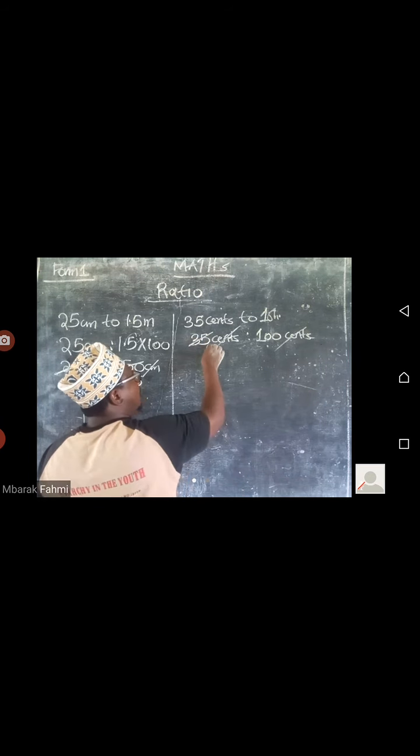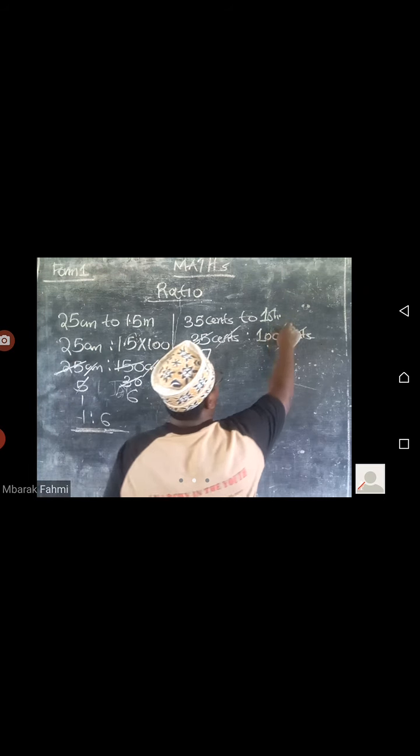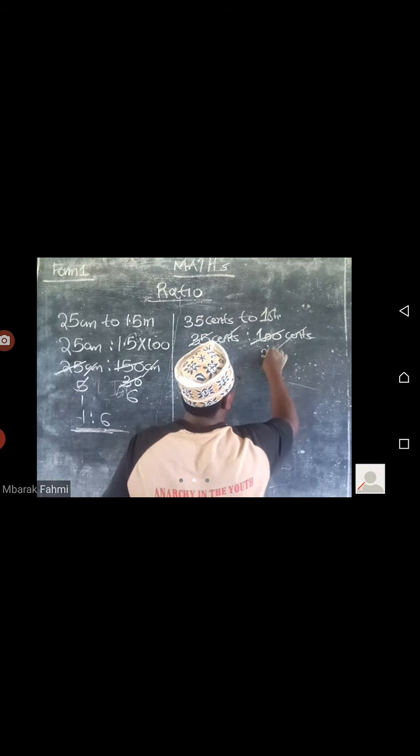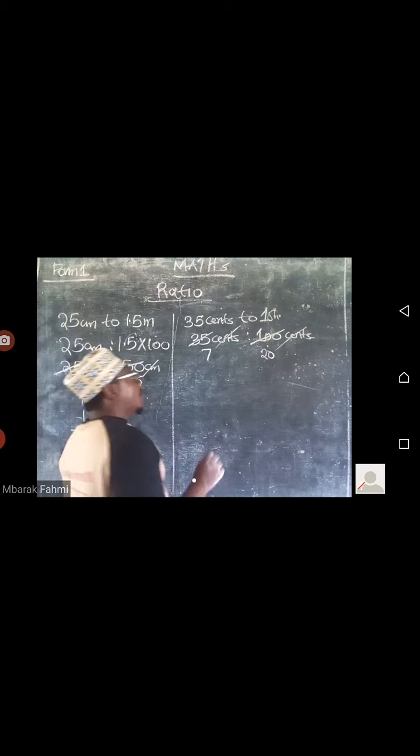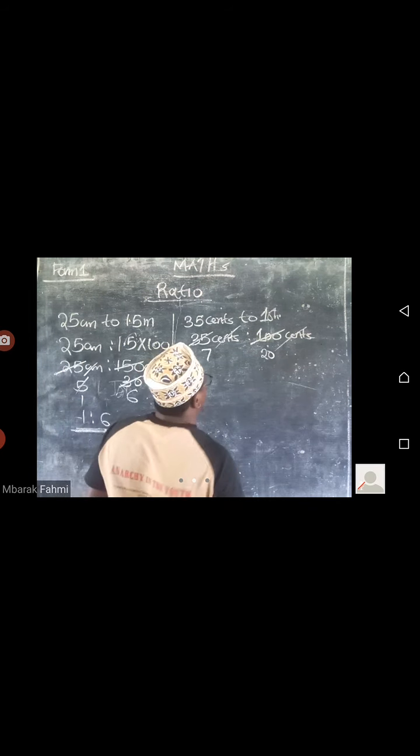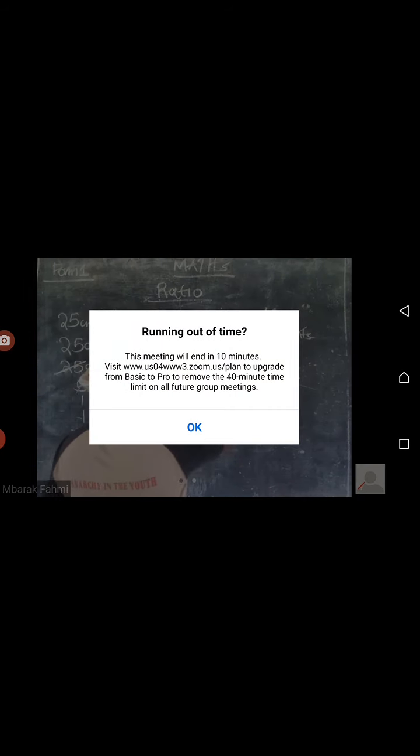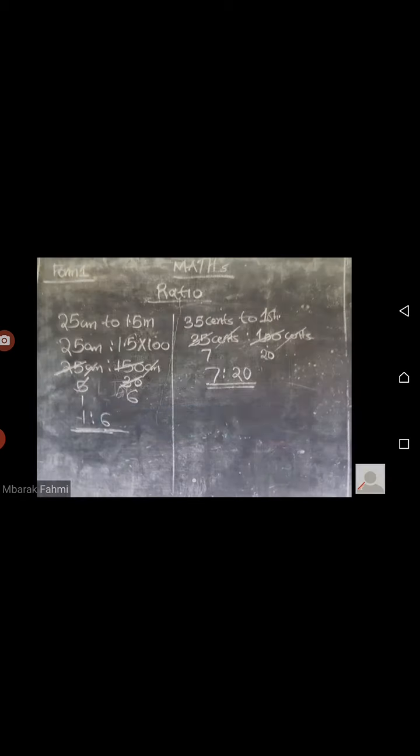We can say by 5 is 7, by 5 is going to be 20. We cannot simplify further, therefore we say the ratio is 7 is to 20. The ratio of 35 cents to 1 shilling is 7 is to 20.